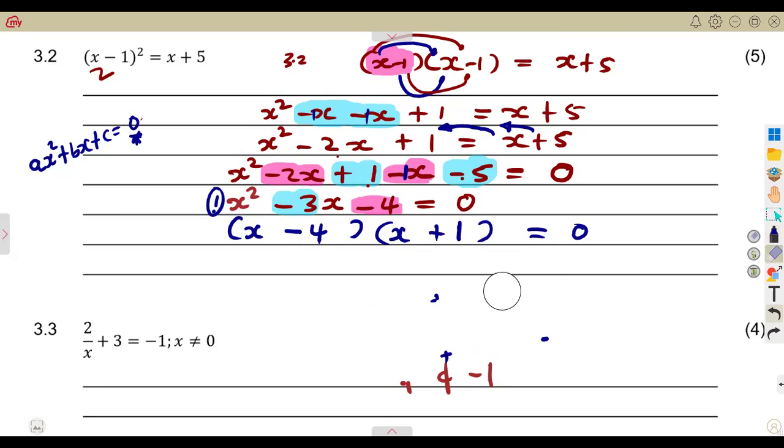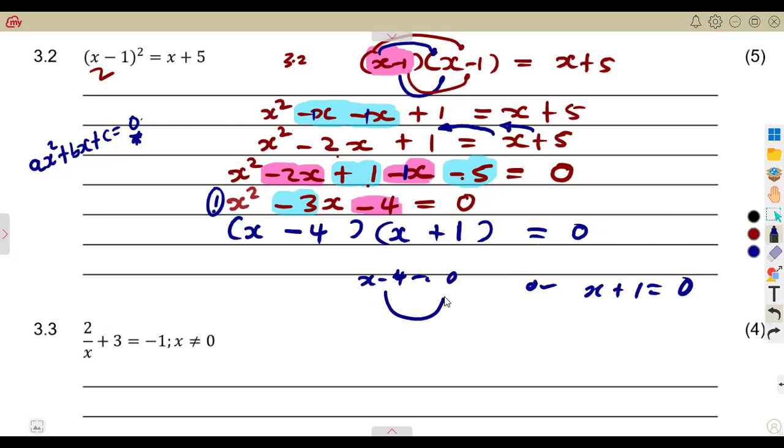So that's it. Remember from your 0 concept, one of these brackets must be equal to 0. It means x minus 4 is supposed to be equal to 0, or x plus 1 is supposed to be equal to 0. We talked about that. So you take this to the other hand, guys, it will be 0 plus 4. So x was going to be a 4. Or if you take this 1 to the other side, it was going to be a minus.